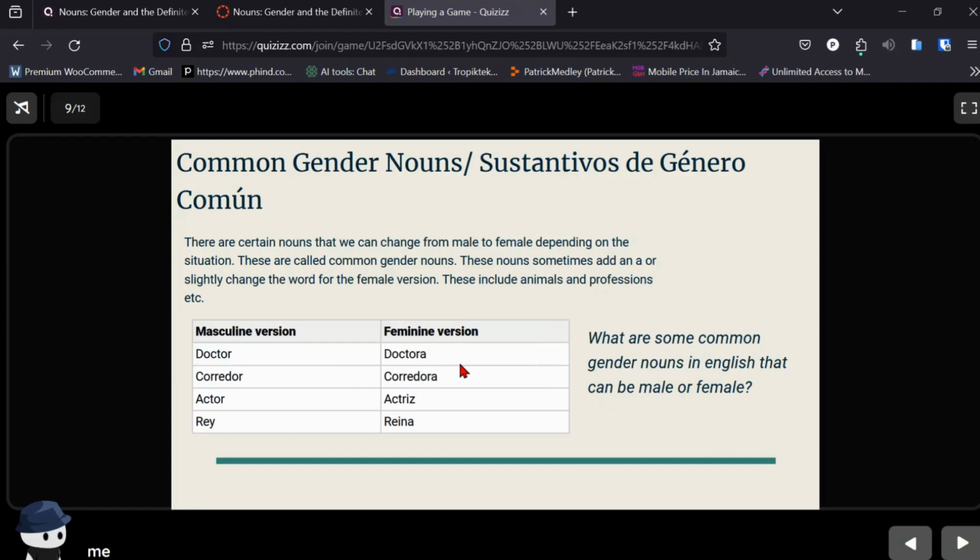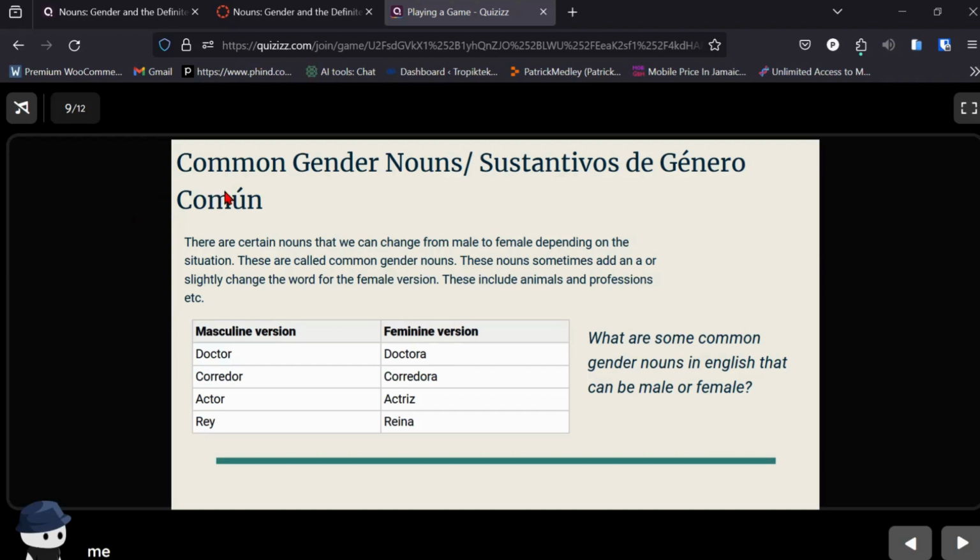But in Spanish, for example, cat, gato is a male cat and gata is a female cat. That's very specific, right? So these are common gender nouns in English, like doctor, like baby, like boss. Your boss or manager can be either male or female. And so most times, it's not different in English. In Spanish, usually it's a little bit different.